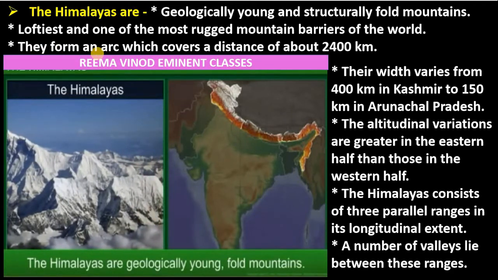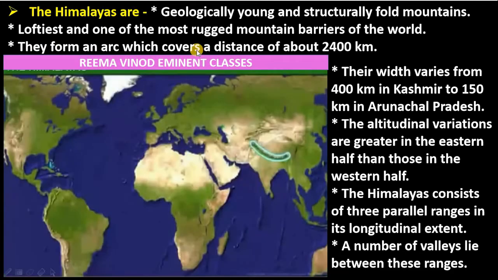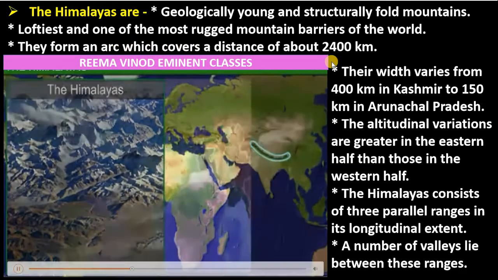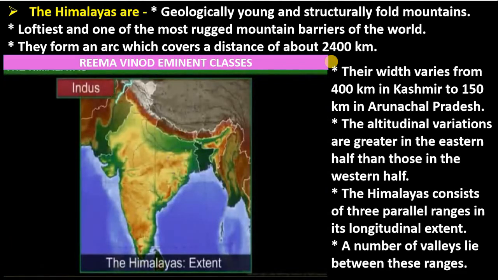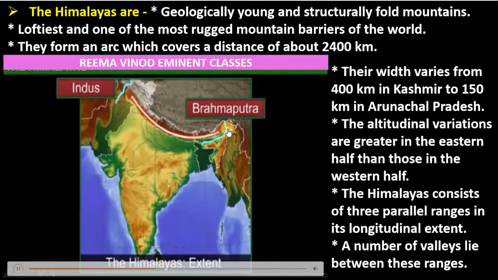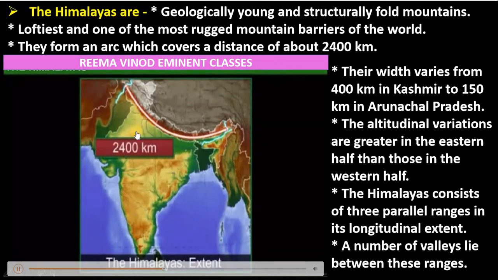They form an arc. You can see here, they are arc-like, and cover a distance of about 2,400 km, starting from the Indus River till the Brahmaputra River in the east, total 2,400 km.